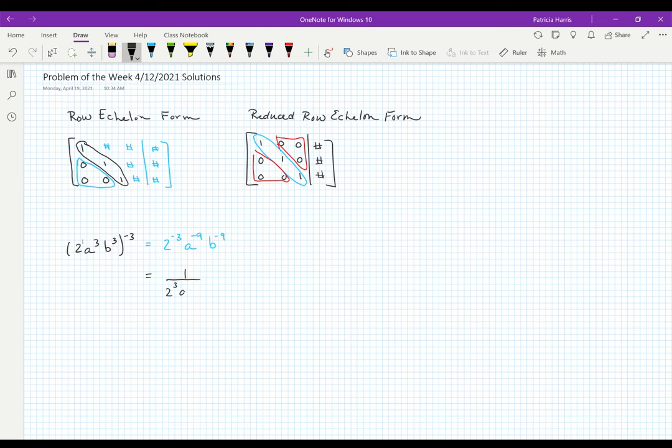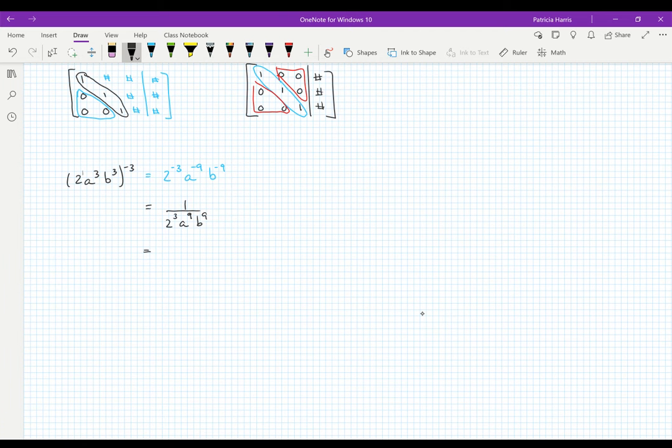And once we move it down into the denominator, our exponents are defined as positive. The only other thing I need to do is make that 2 to the third a single integer. So that's going to be 2 times 2 times 2, which is 8. Like that. Okay. And that's it.